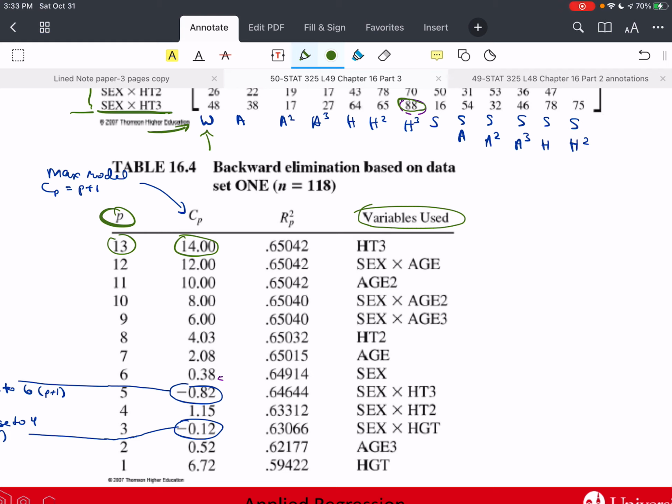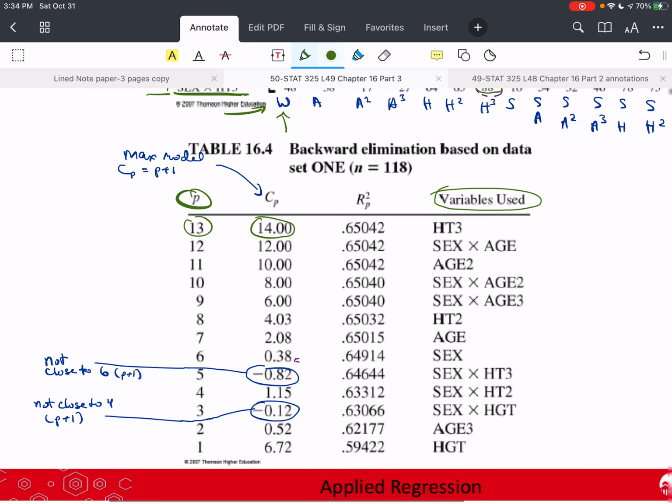But okay, so we have 13, and then height cubed, backward selection based on data set 1. And we look down and we see that that's exactly 14.